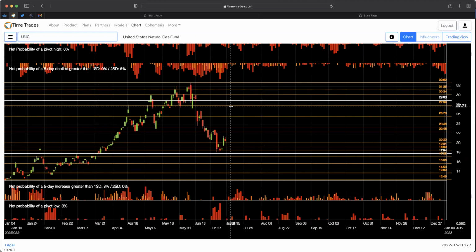But given the volatility that we see in this underlying, it's important to take profits as things go up. This is definitely not a buy and hold. I'll be looking to take profits no later than July 19th. And we also have a pivot high July 21st here. All right, so that's UNG.